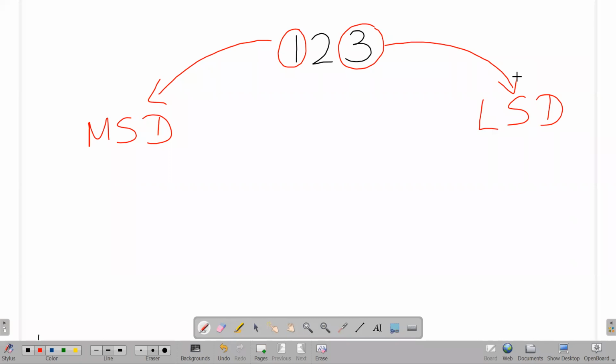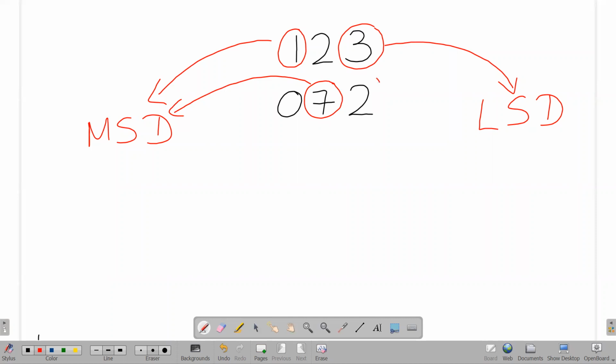As an example, if I write something like 0, 7, 2. Now here, the most significant digit is going to be the 7, because 072 is a whole number, and the most significant digit is defined as the leftmost value which is not a 0, right?